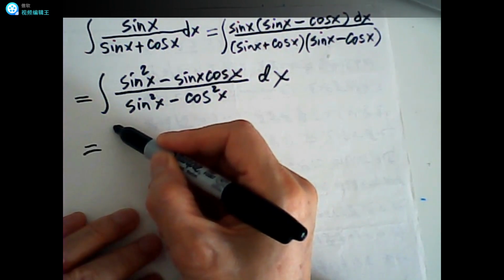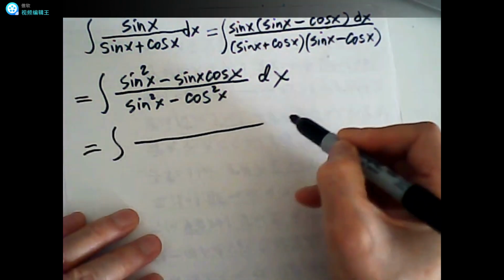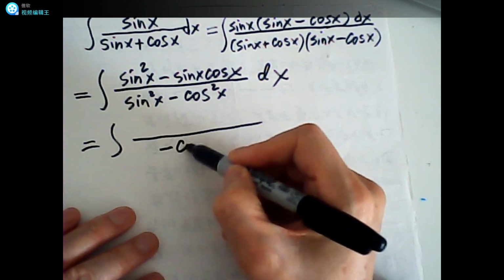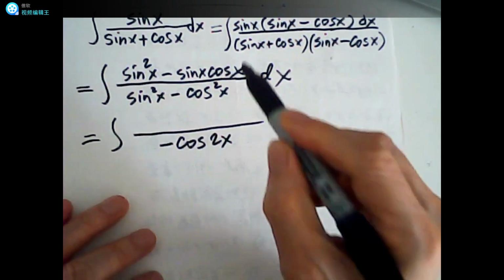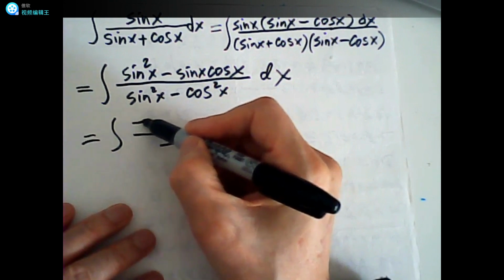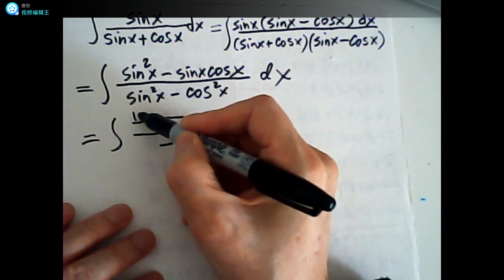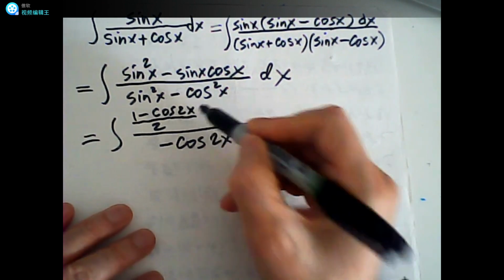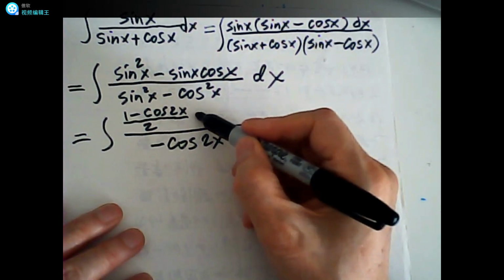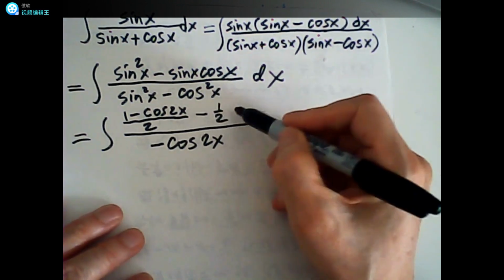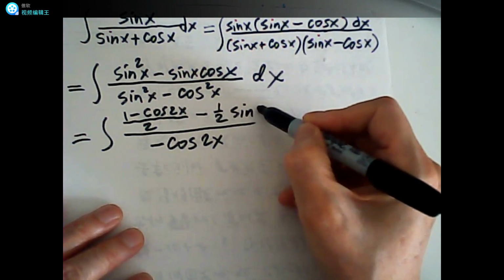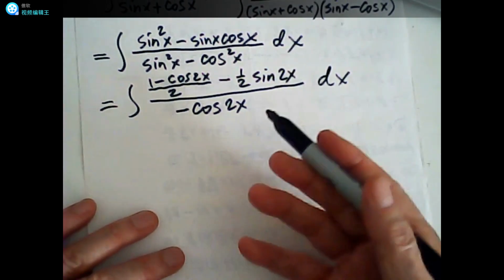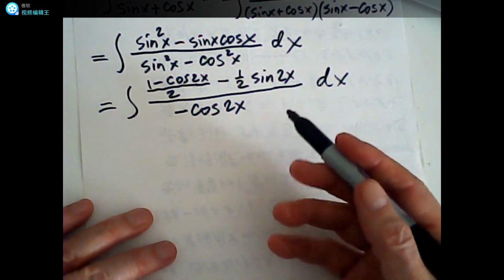This is equal to, the denominator will be negative cosine 2x. This is a half, 1 minus cosine 2x, right? Minus 1/2, this is sine 2x dx. You must be good in trigonometry.